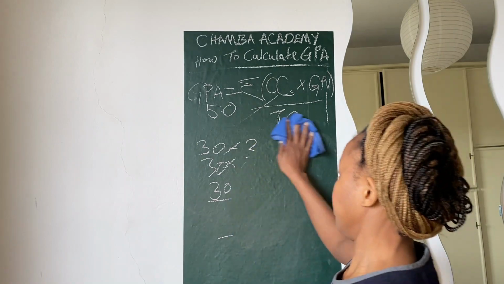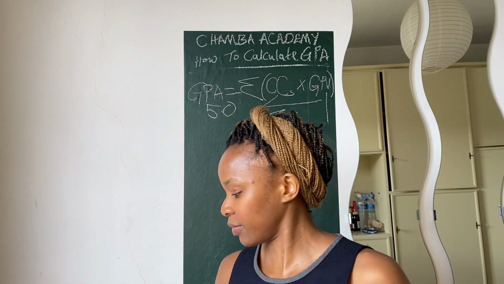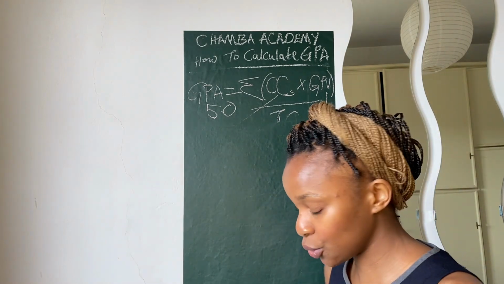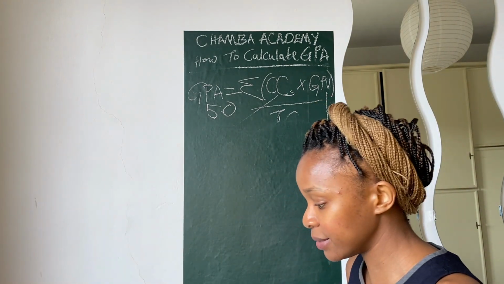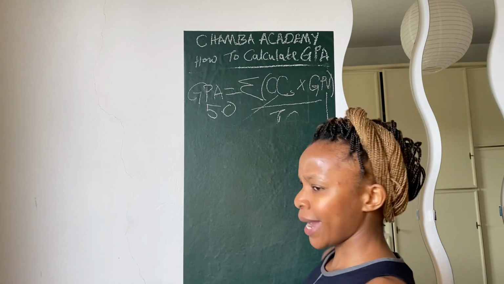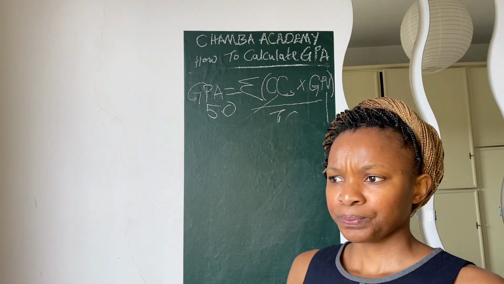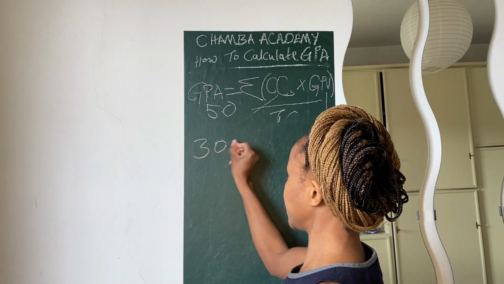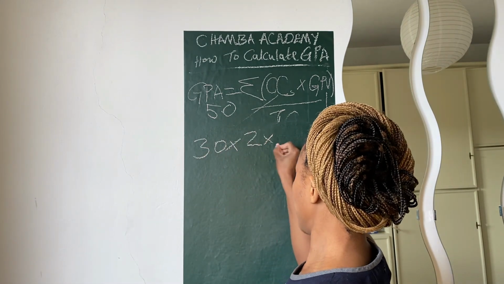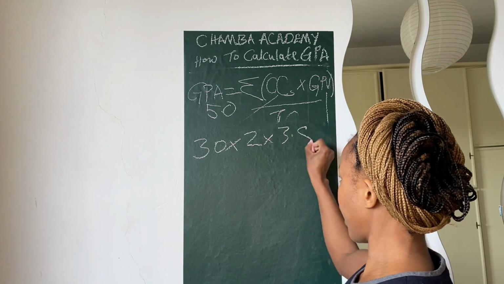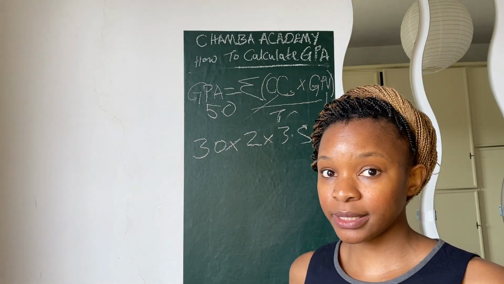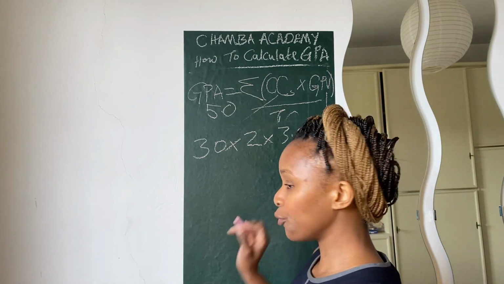Fourth year, I became a genius, and in 2 full courses I had accumulated B pluses. So 2 courses, 30 by 2 B pluses, which is 3.5. And then in other 3 courses, I had accumulated 3 Bs, full courses.